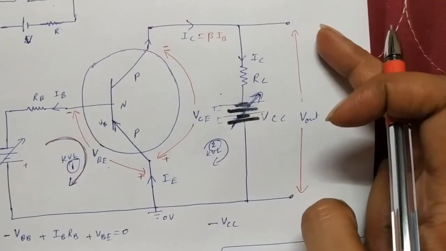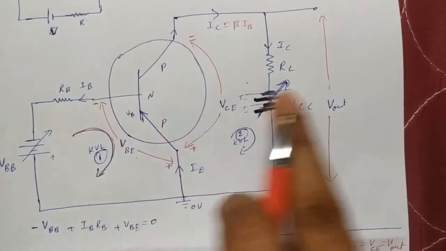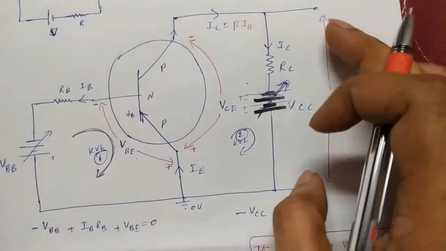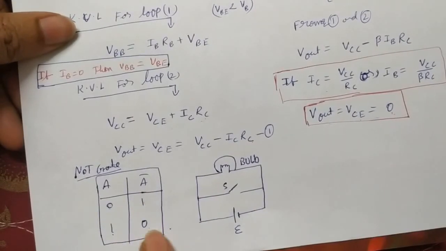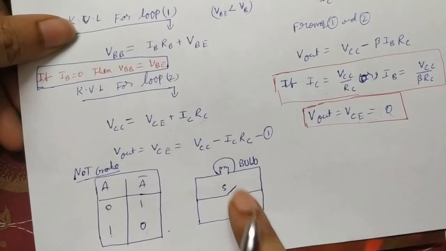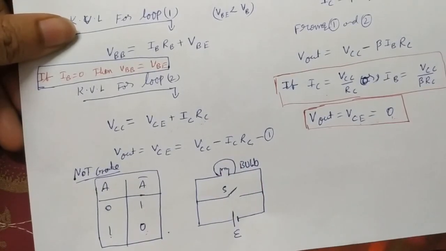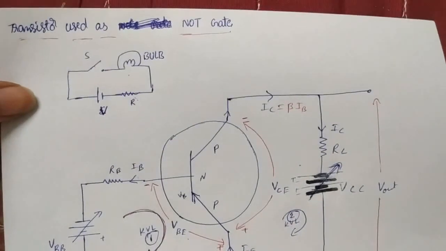Last time the input was 0, and the output we got was some potential. Now the input we are setting some current, then the output we are getting is 0. So this gives a NOT gate logic. 0 means 1, 1 means 0. Close means off, open means on. Reverse case. Okay. This is how they are using a transistor as a NOT gate.